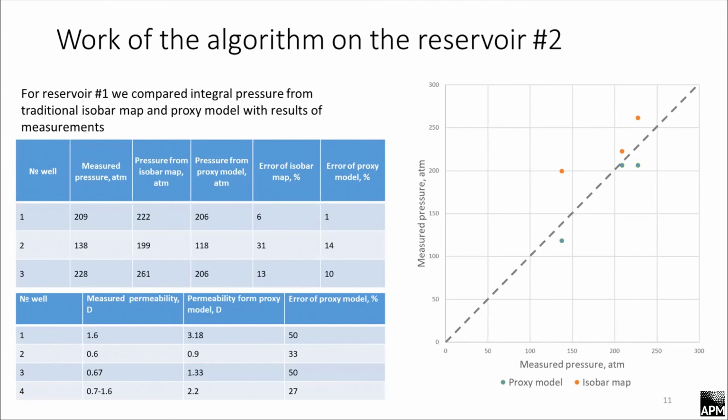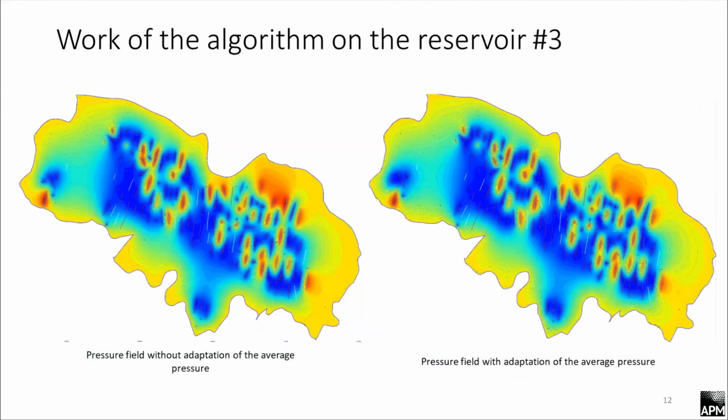So next one. I don't have much time, and here we can see the difference between two maps. The first one is from data without information from well tests, and the second one is with our method.